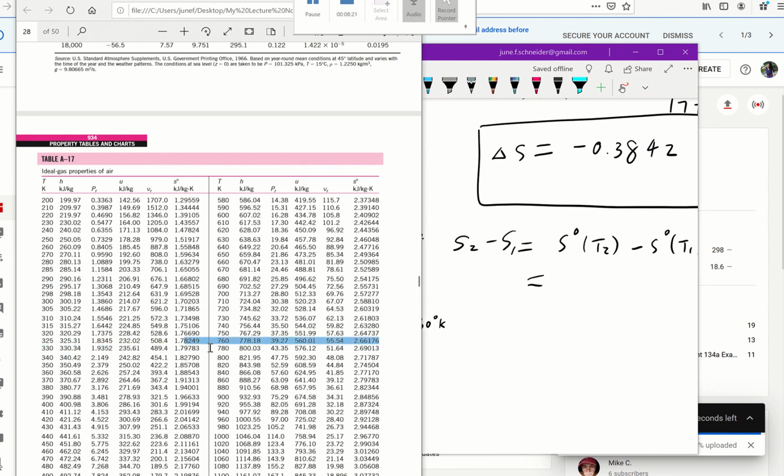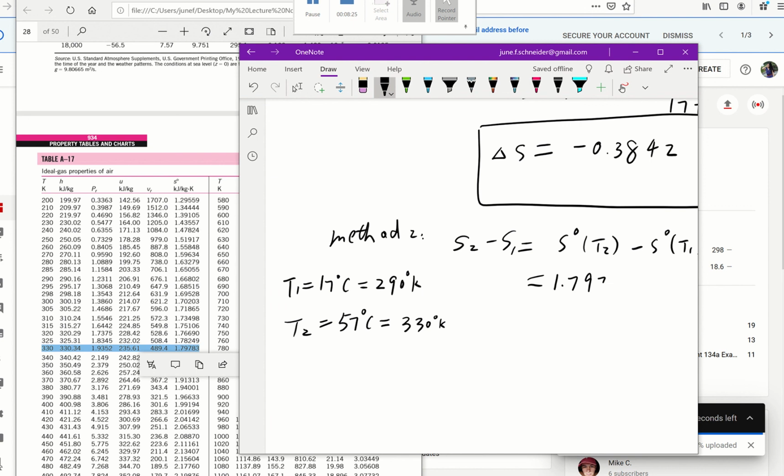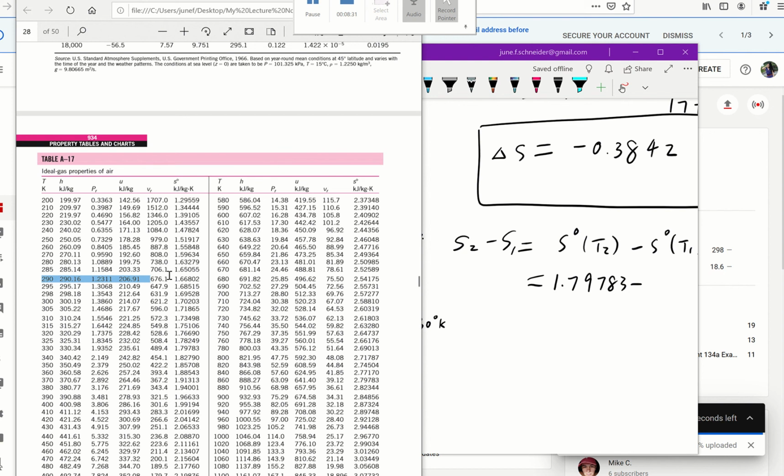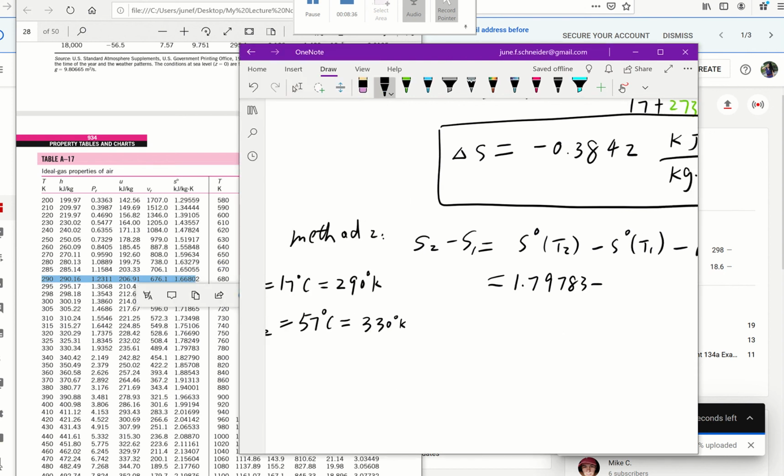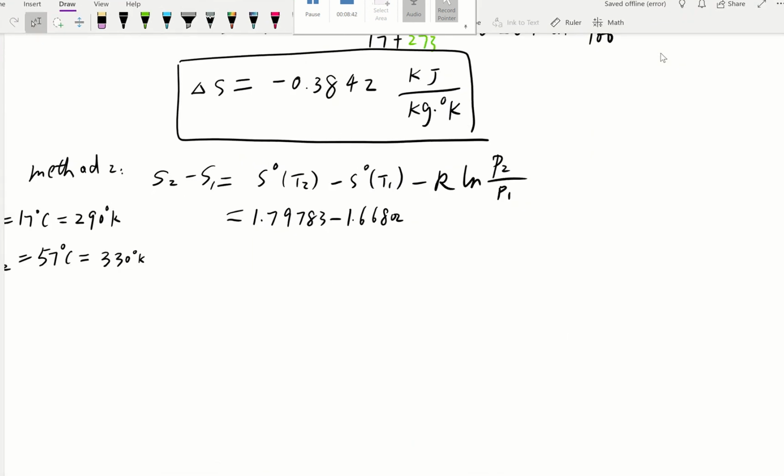At 330, S0 is 1.79783. And at 290, here is that value, minus 1.66802. Here we go, now we have those values.